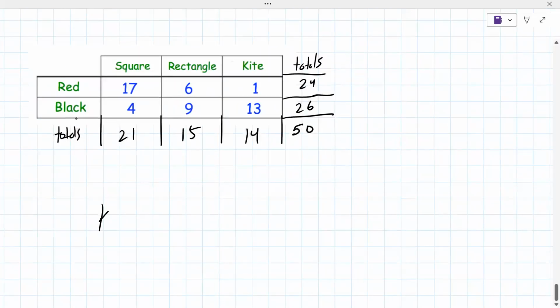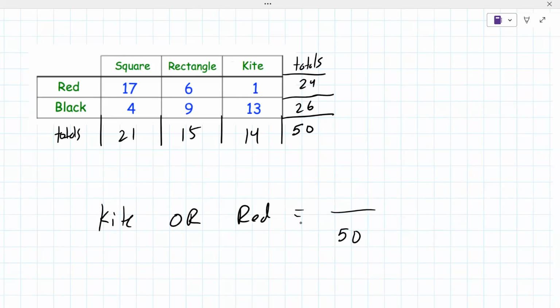All right. So kite or red. Right. So the bottom is 50. Okay. So then is it 14?